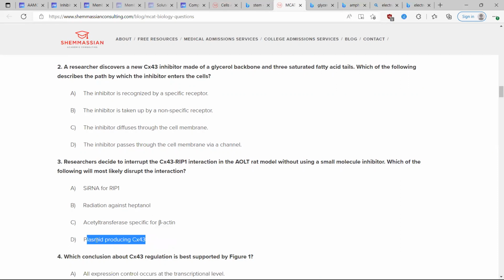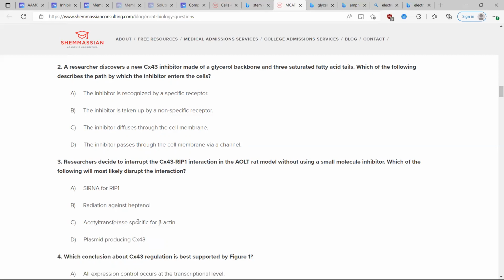If we introduce a plasmid to produce CX43, isn't that going to increase the interaction? Because we'll have more CX43. We don't want more CX43. We want something that will inhibit this somehow. And making more CX43 is not going to inhibit this reaction. It's going to allow for more of this reaction. So this is not good.